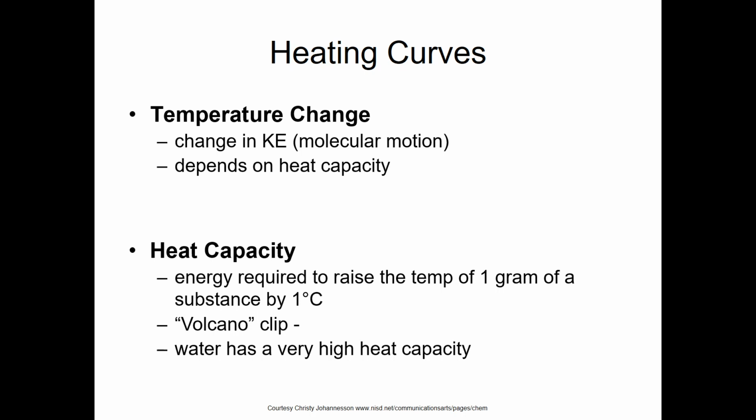Do y'all remember what I said about Kelvin and degrees Celsius? They're the same if we're referring to changes in temperature. But in this class, we'll be dealing with grams and not kilograms. You'll notice when we go into the specific heats or heat capacities of different chemicals, water has an unusually high specific heat or heat capacity.